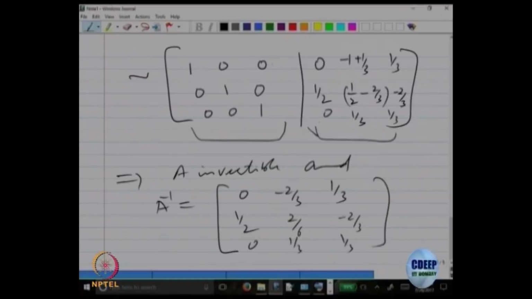So, we are just saying that this part is precisely the inverse.